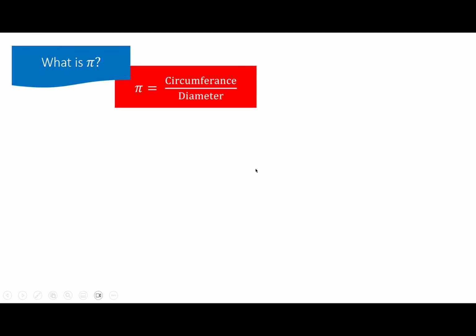What is pi? If you divide the circumference by the diameter, you get a number. It's called pi. This number does not change no matter which circle you are working with. So if C is a circumference and D is a diameter, if you divide the length here by this, you get a number called pi.